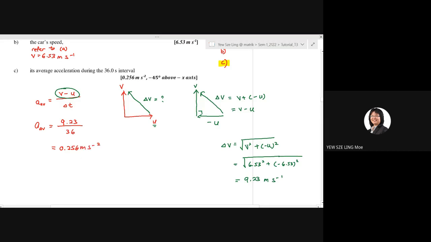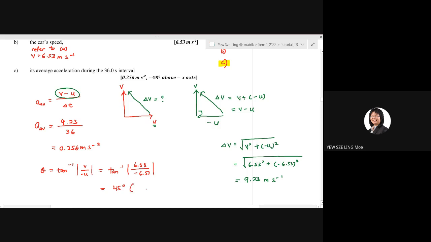So how are we going to determine the direction? Just use theta. Theta equals tangent inverse of the vertical component divided by the horizontal component, V over negative U, which gives you tangent inverse of 6.53 divided by negative 6.53, which is equal to 45 degrees.